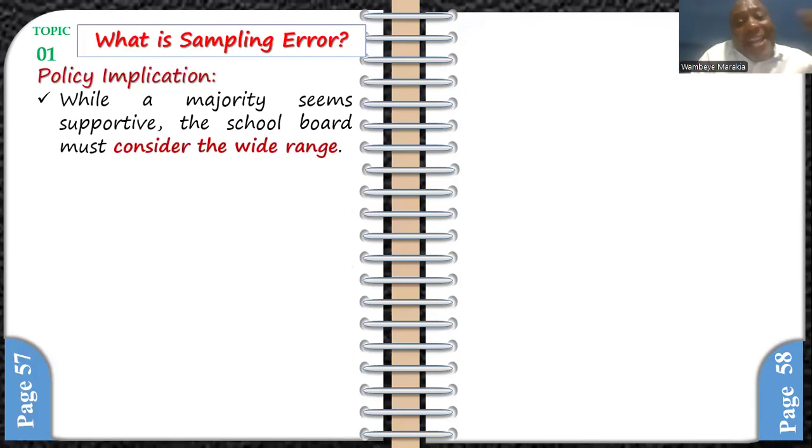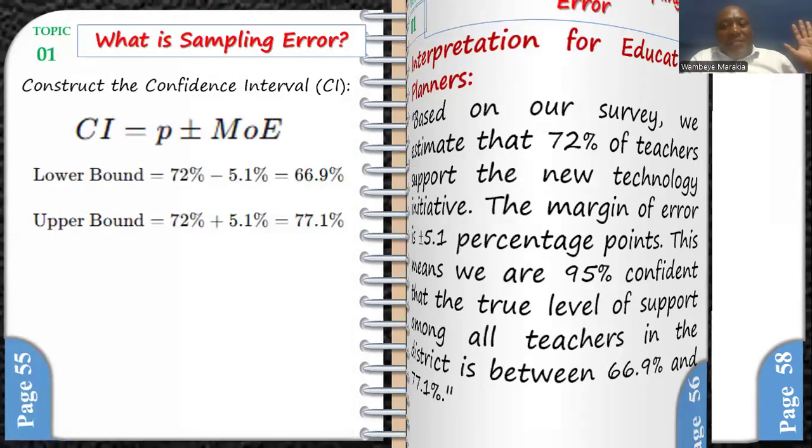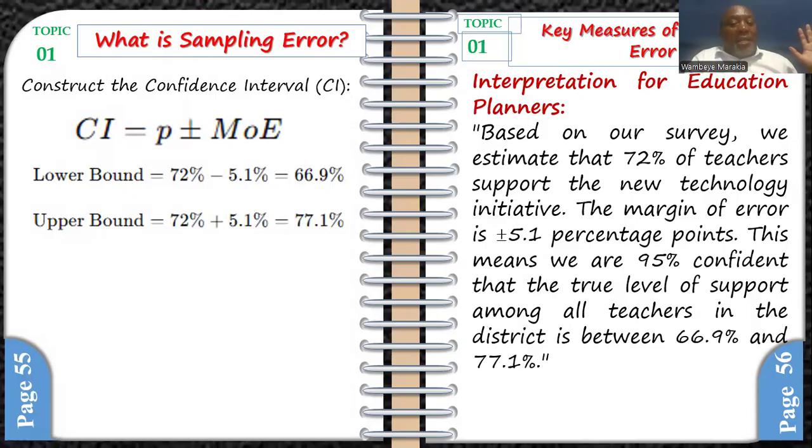Now, while a majority seems to support, the school board must consider the wide range. We have said this is from 66.9 to 77.1. That is a very wide range.